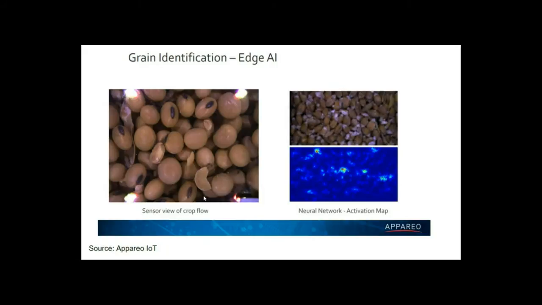So you've got just sort of a regular camera, and you're pointing it at the grain in process, in the actual grain device. And then you're using neural networks on that machine, on that computer, to sort of detect what is happening, in terms of if there's something going wrong.